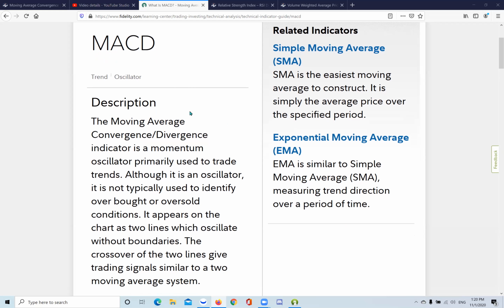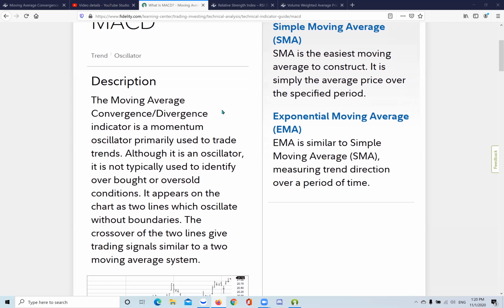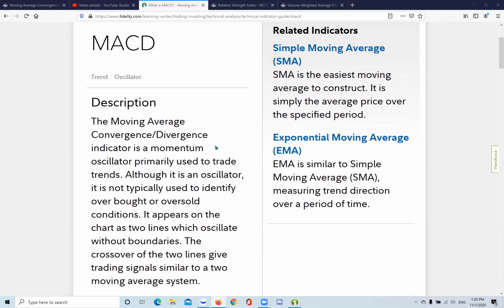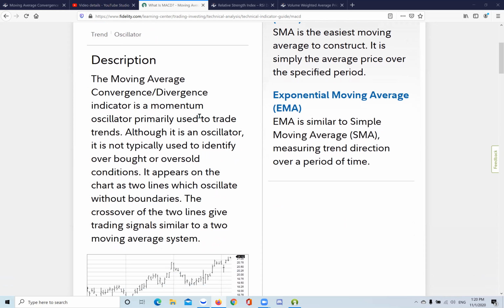MACD description: the moving average. M means moving, A is average, C is convergence, and D means divergence. The indicator is a momentum oscillator primarily used to trade trends.